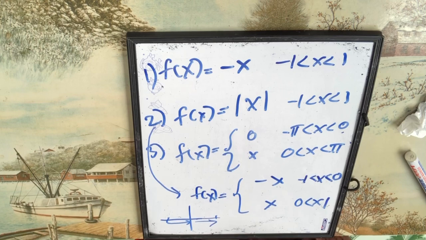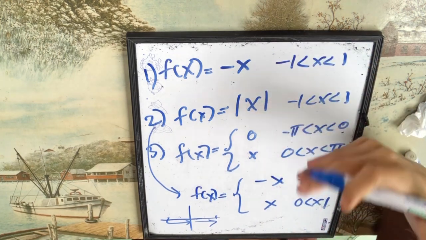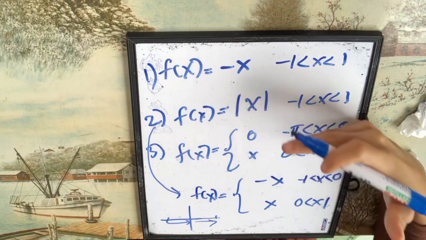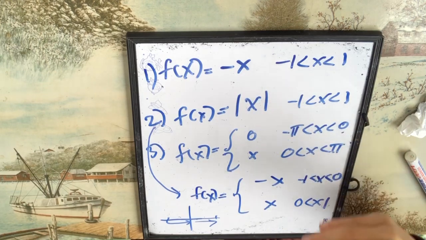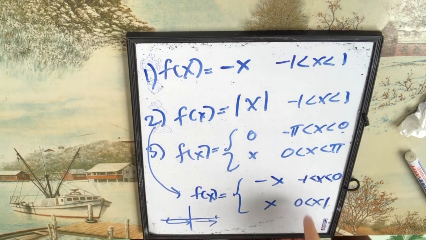So the question has 3 types of function. The first one is a single function. The second one is a modulus function, but after you break the modulus, you get a piecewise function. Number 3 is a piecewise function.